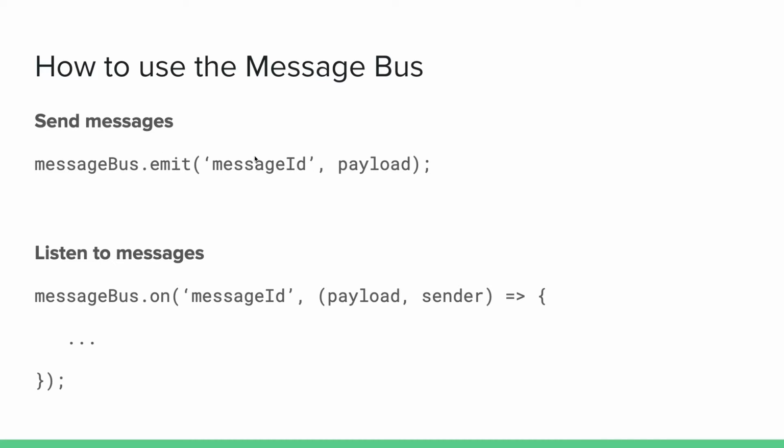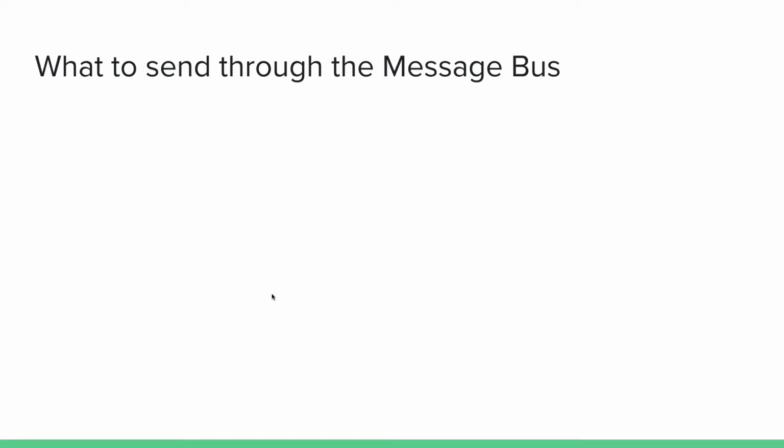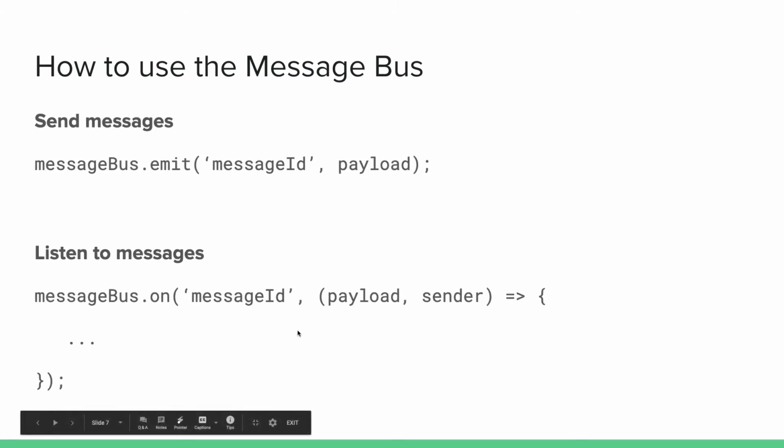When you execute this code, all the other players that are listening to this message ID will receive this payload. So how do you listen to these messages? You can also take an instance of the message bus and write .on, saying: when I get a message with this ID, execute this function.